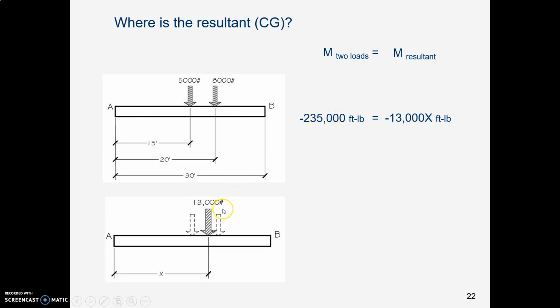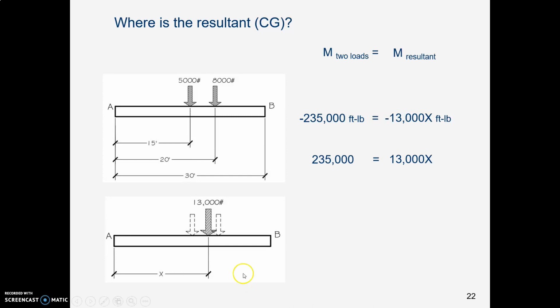Their moment is the same as the resultant's moment, so the moment of the two loads, negative 235,000, equals the moment of the resultant, negative 13,000x. And by the way, I should have mentioned this earlier, if you have a negative something equals a negative something, you can get rid of those negative signs, can't you? You could just multiply both sides times -1 and make the minus signs go away. So that's cleaner, a lot of people think.